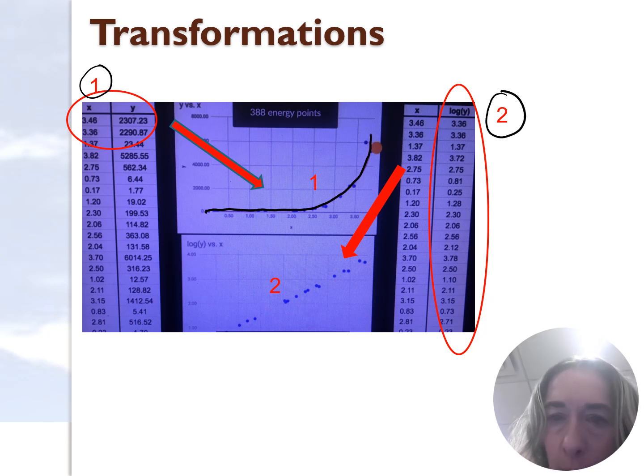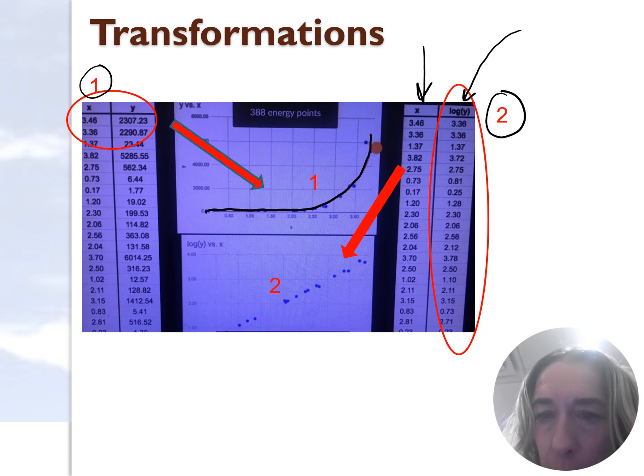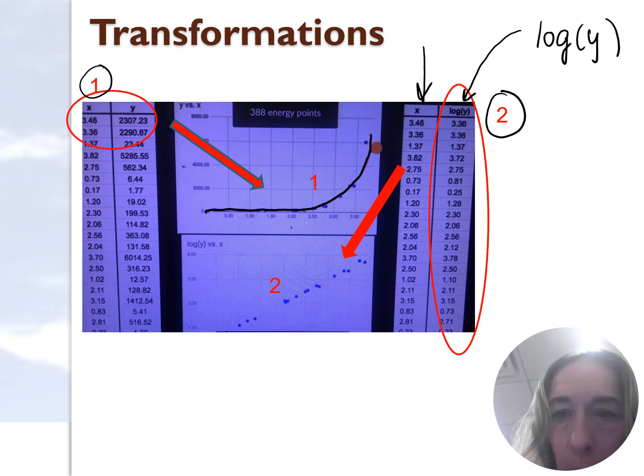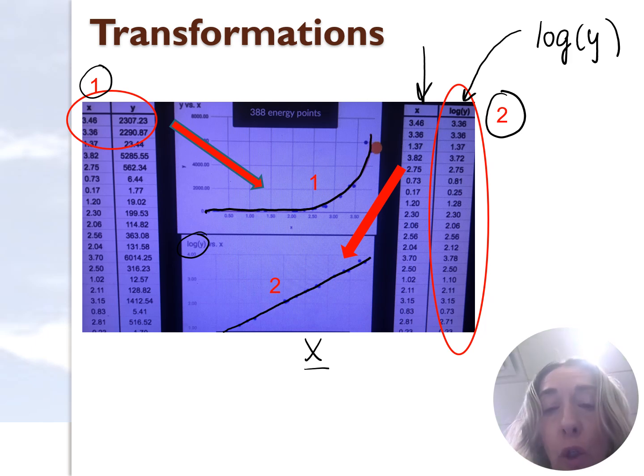The X values remain the same, but the Y values have been transformed by taking the log base 10 of them, so you'll see that the Y values differ. If I then plot X on the X-axis and log Y on the Y-axis, it actually results in a linear relationship between X and transformed Y, or log Y.